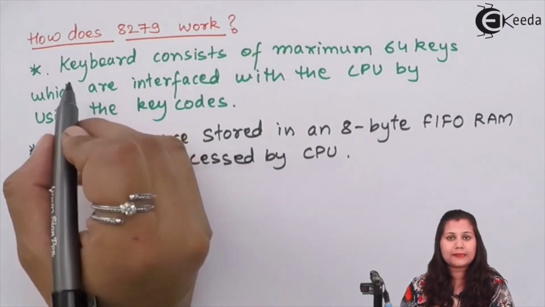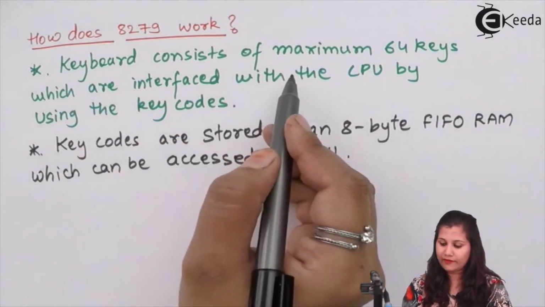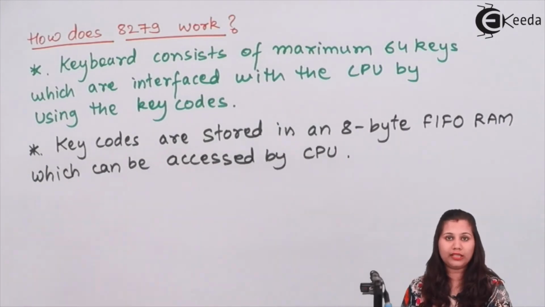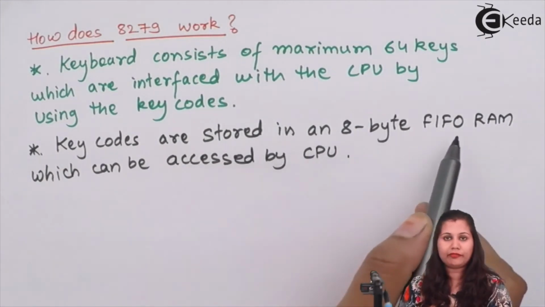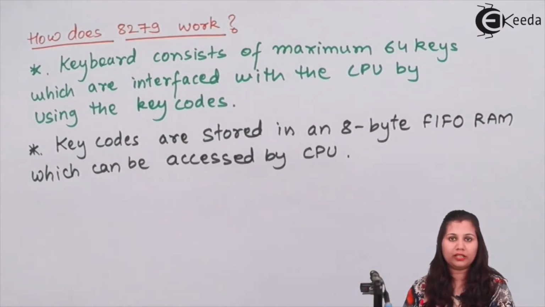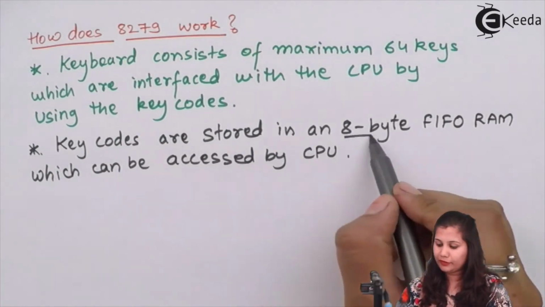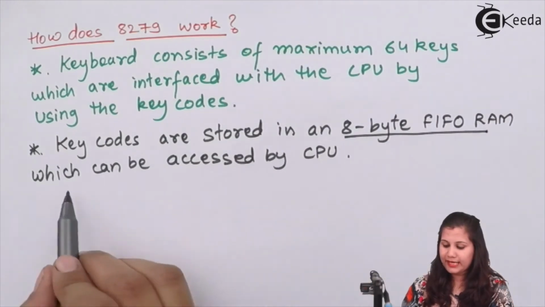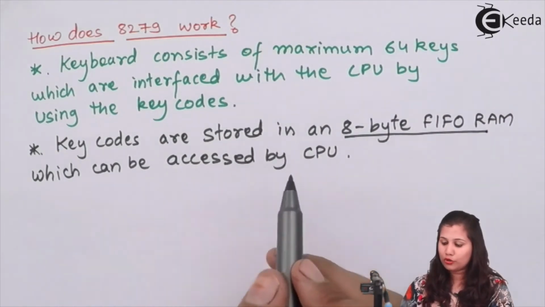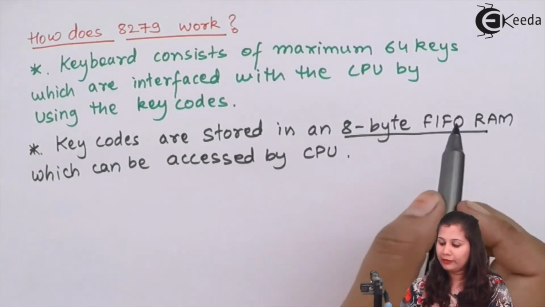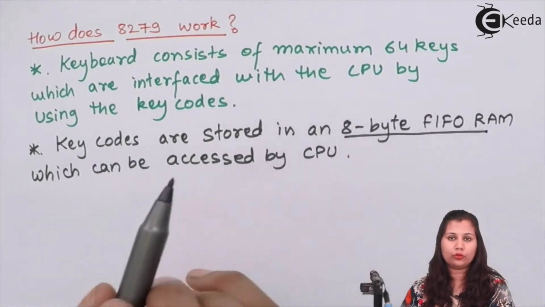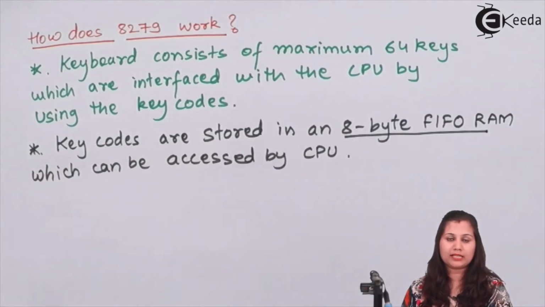So when the key is pressed, the 8279 is going to store the key code of that pressed key into the 8-byte FIFO RAM, and this RAM is accessed by the CPU. The CPU reads this 8-byte FIFO RAM, and through the key code it knows that this key has been pressed and it has to perform the function associated with that key.